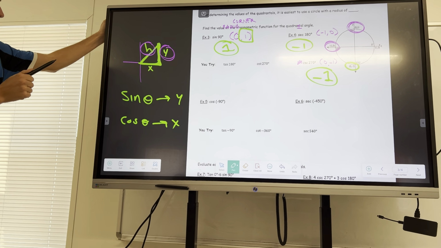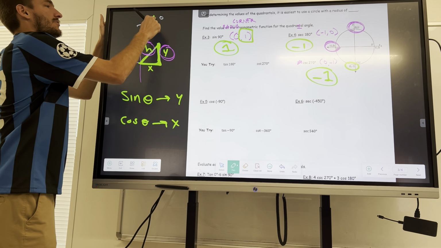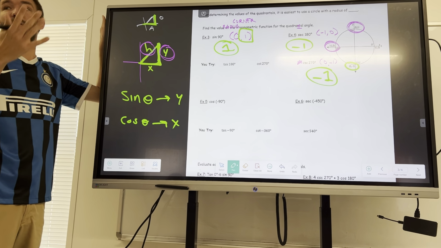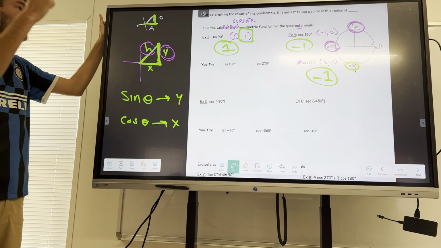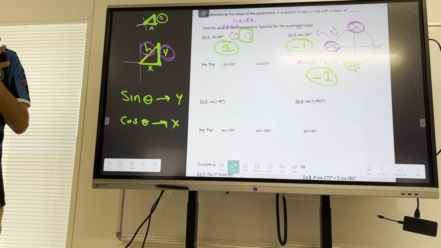Tangent is opposite over adjacent, and so tangent deals with both the x value and the y value. Here's your x value, here's your y value, and tangent needs both. The reason sine only needs one is because sine is opposite over hypotenuse, and the hypotenuse we don't really care about. So tangent is like the combination of both of them together.